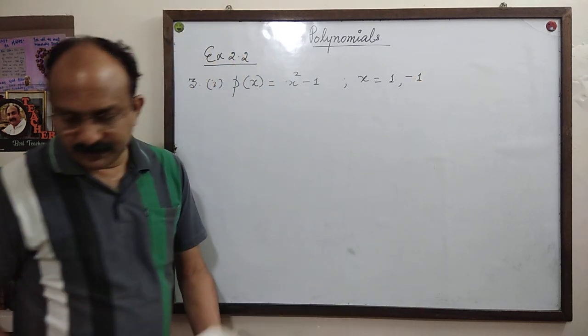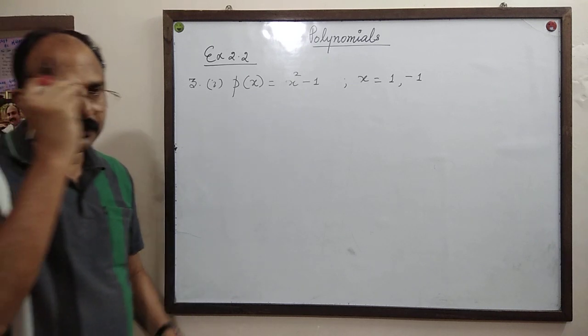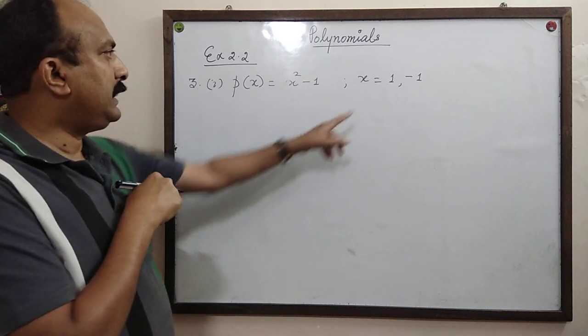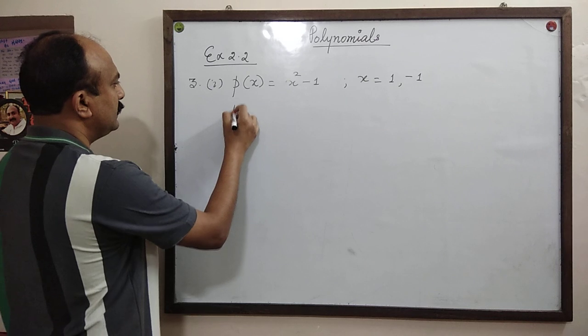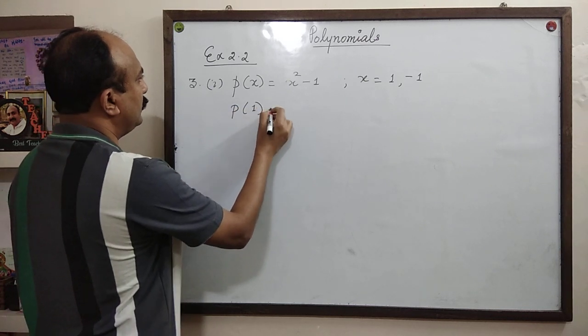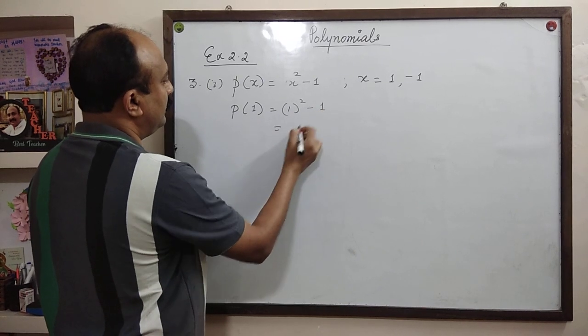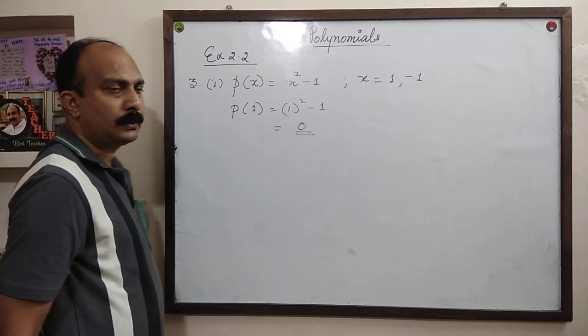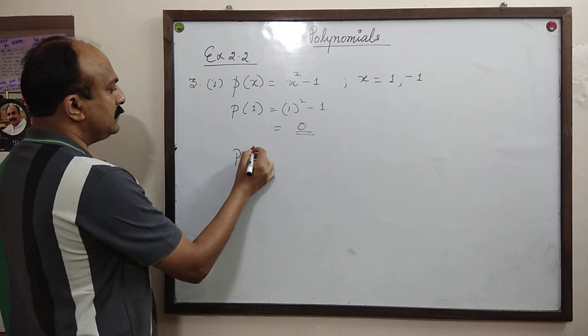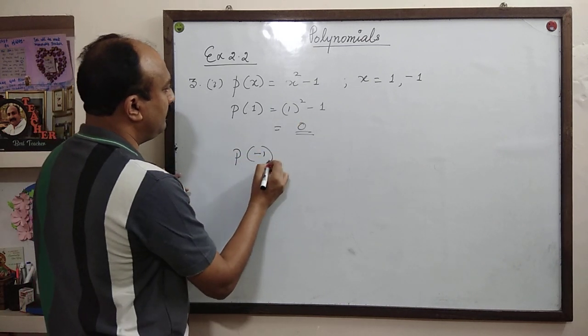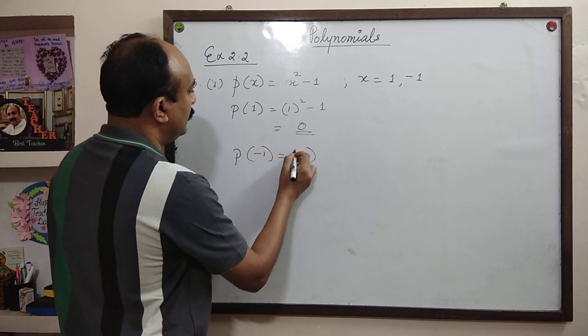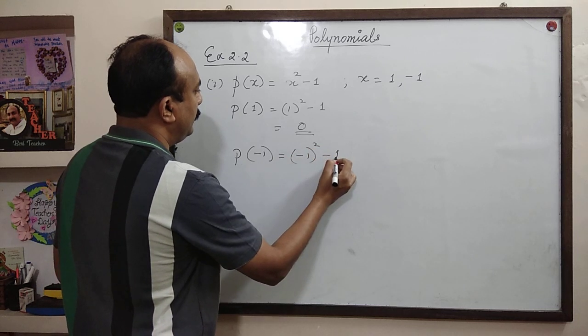Two values are given, so we have to check for both the values. We will begin with x is equal to 1 first. P of 1 is equal to 1 square minus 1, is equal to 1 minus 1, is equal to 0. Now we will again find P of minus 1 is equal to minus 1 the whole square minus 1.